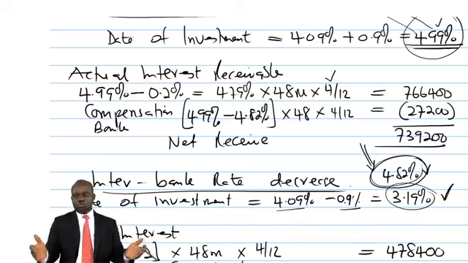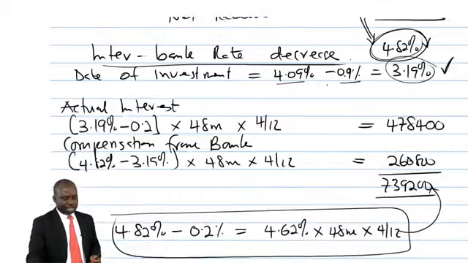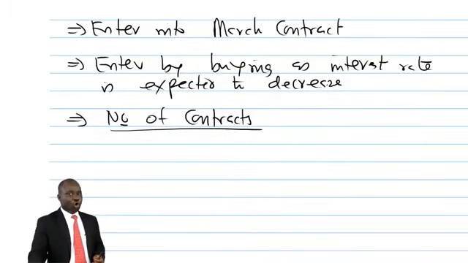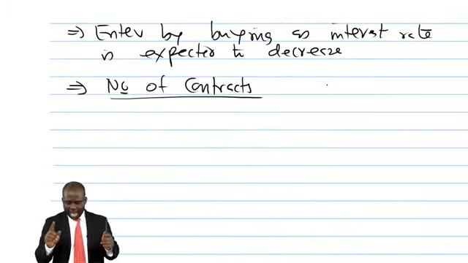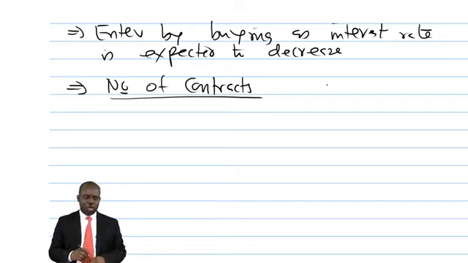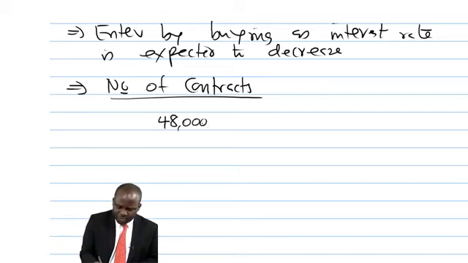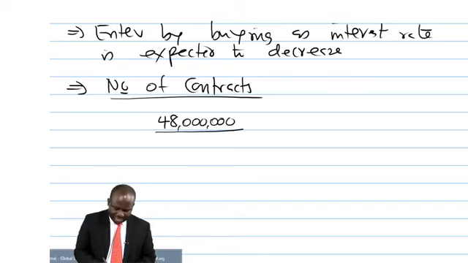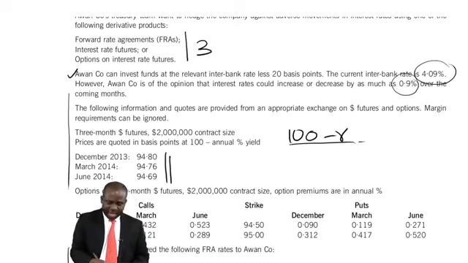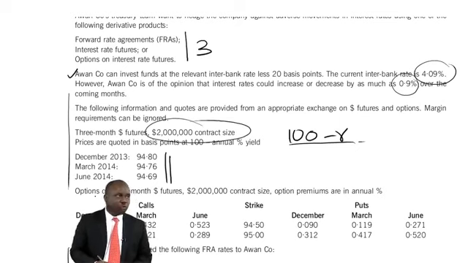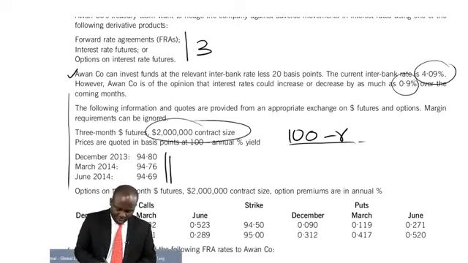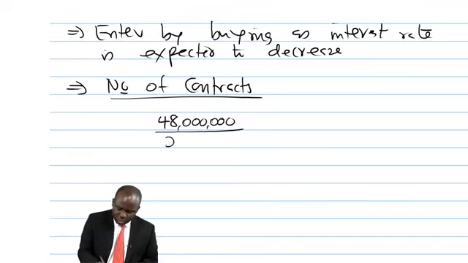So those two maturities are not matching up, and that is what is called maturity mismatch, and you need it in the calculation of the number of contracts. So that number of contracts is how much are we investing. We want to invest 48 million, and the contract size is given in the question as 2 million.